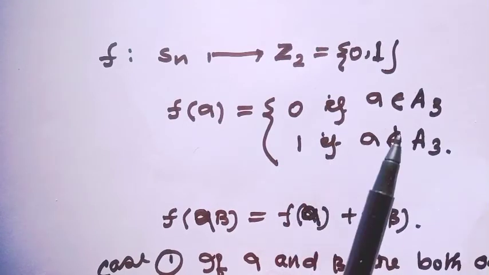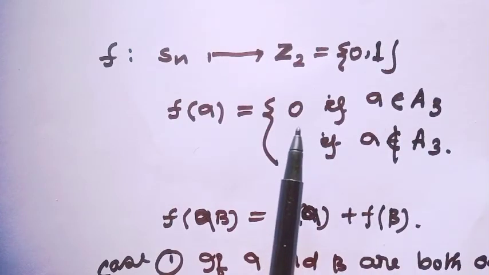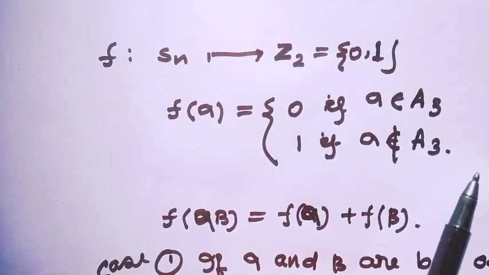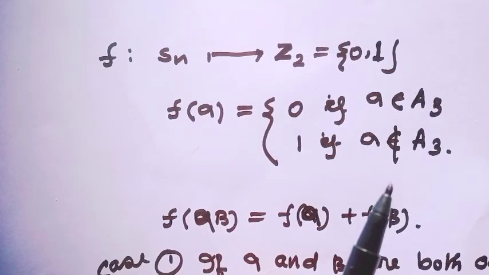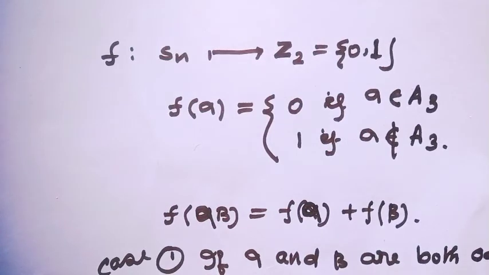That means when sigma is an even permutation, the value of f is 0, and when sigma is an odd permutation, the value will be 1. Okay? Now my question, is it a homomorphism? Let's check.